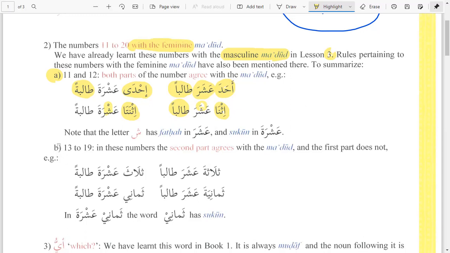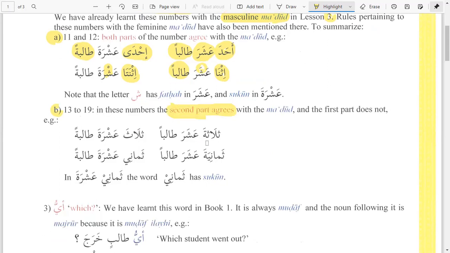And the second thing is 13 to 19. In the numbers from 13 to 19, the second part agrees with the madud, and the first part doesn't.